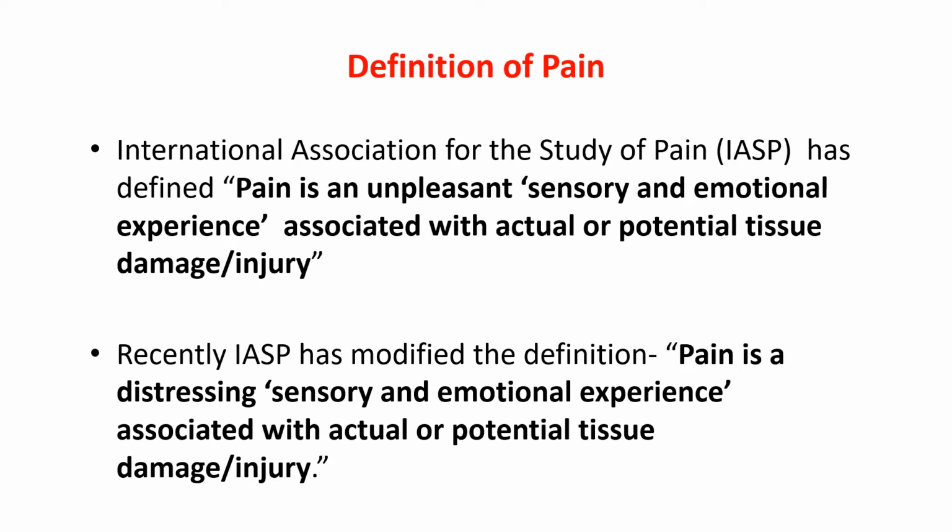The change is made only that unpleasant is removed and distressing is added. So now it is defined as pain is a distressing sensory and emotional experience associated with actual or potential tissue damage.